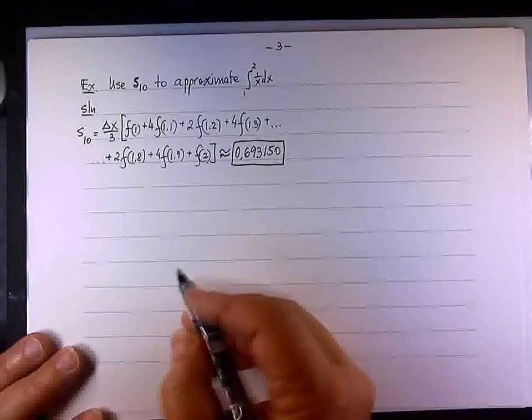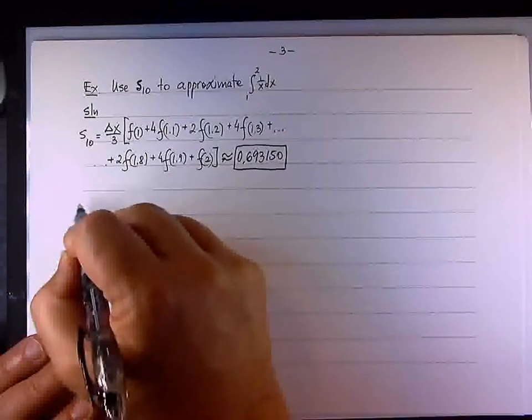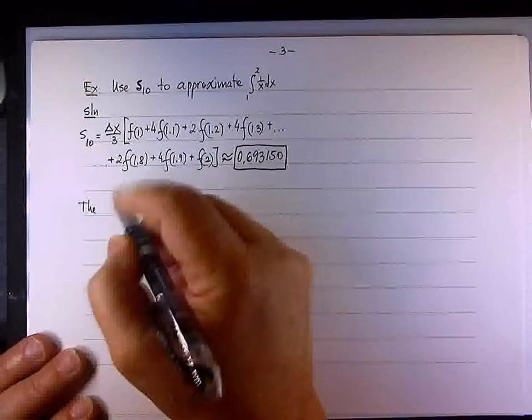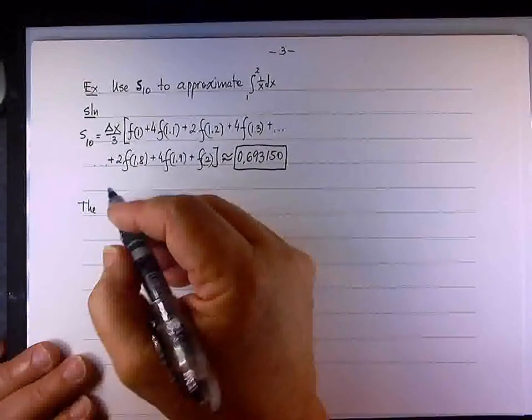Let me write a couple of comments here in addition to the Simpson rule. The Simpson rule really is a weighted average that combines the midpoint and the trapezoidal.